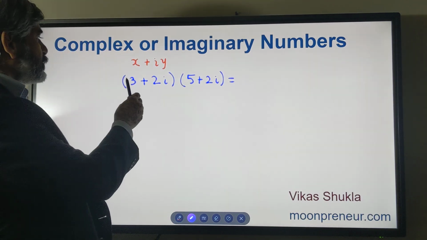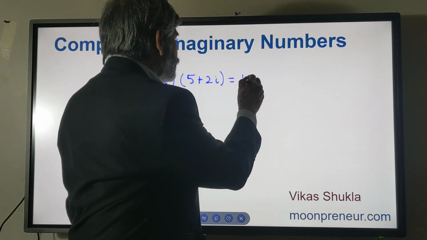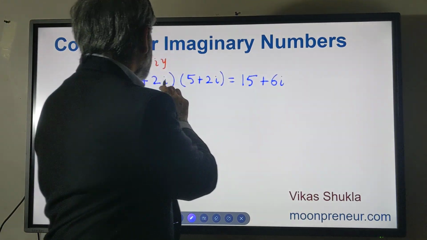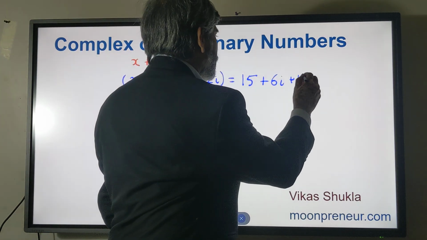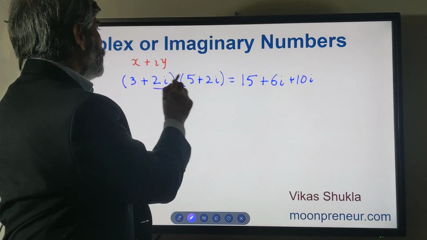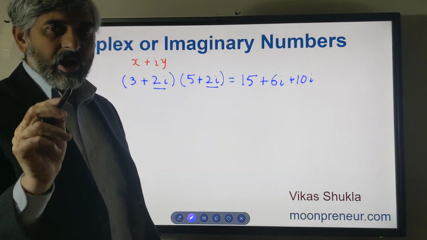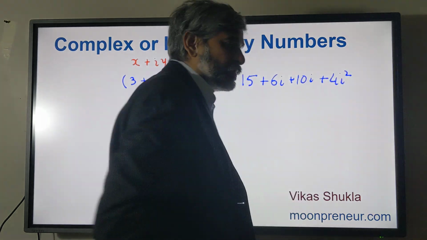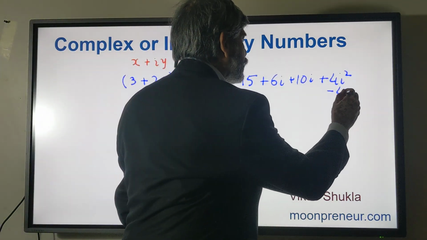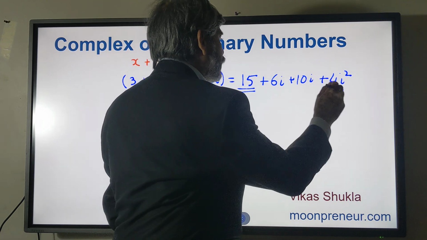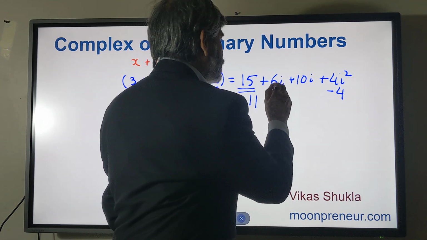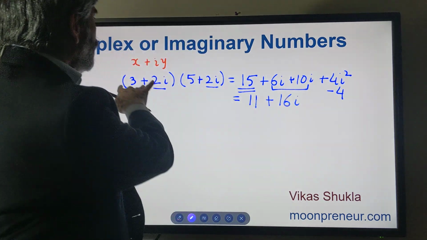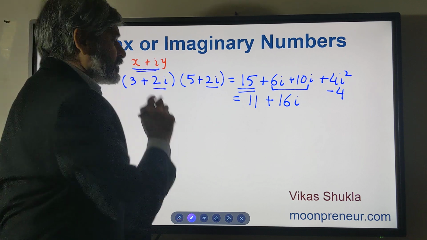You just multiply the way you normally do. 3 times 5 is 15, then 3 times 2i is 6i, then 2i into 5 is 10i, and then 2i multiplied by 2i is 4i squared, and i squared is -1, so this becomes -4. 15 minus 4 is 11, and these two add up to 16i. With this we can express it in the form x plus iy.